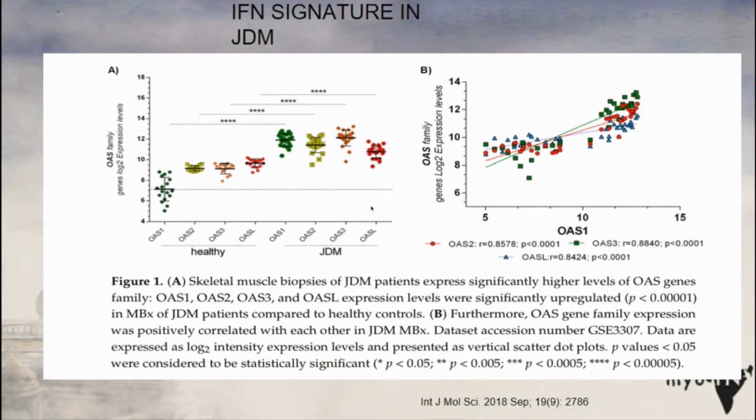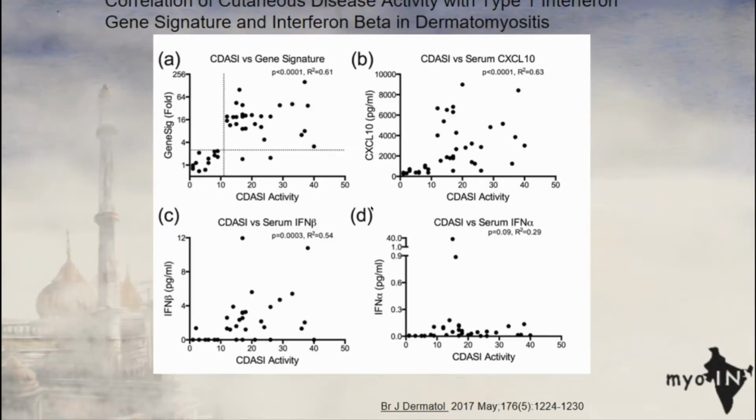Next slide. And in juvenile dermatomyositis also, you can see increased interferon signature in the form of the OAS1 gene, which is again a gene triggered by interferon type 1. Next slide. Not only that, if you look at the CDASI versus gene signature, you can find that there's a significant correlation between the disease activity and the gene signature, and CXCL10, which is again a chemokine induced by type 1 interferon response, and specifically interferon beta seem to be found at higher numbers.